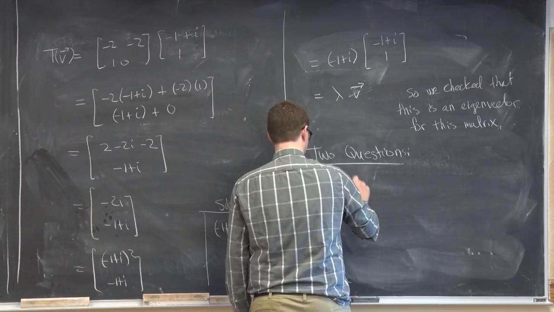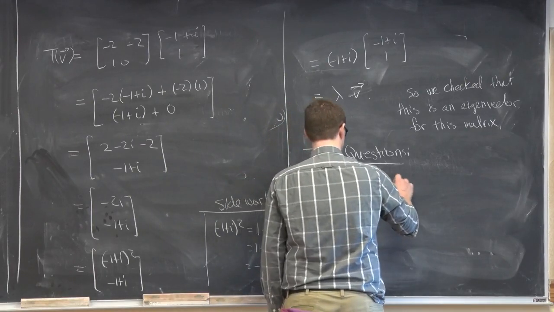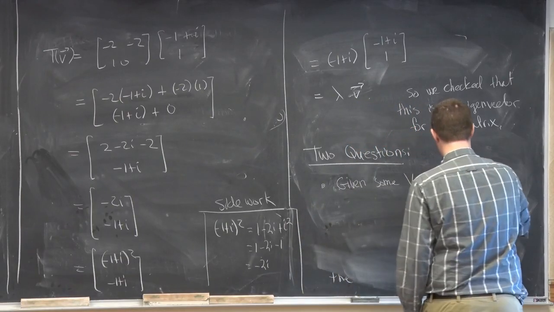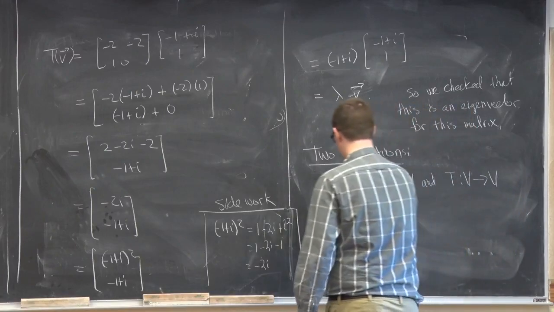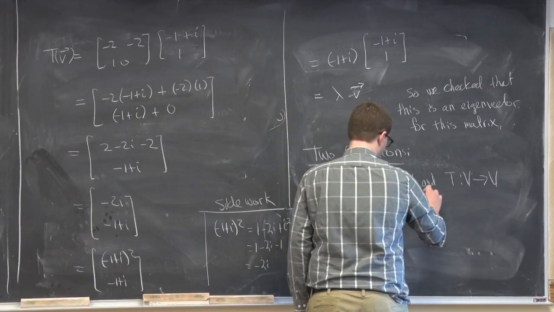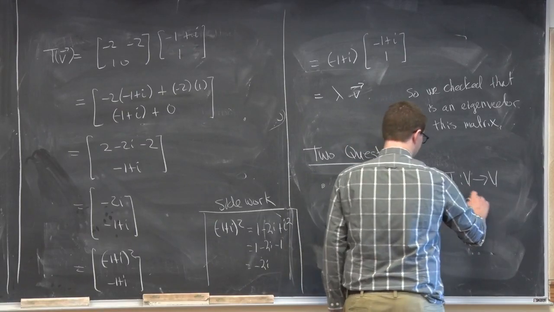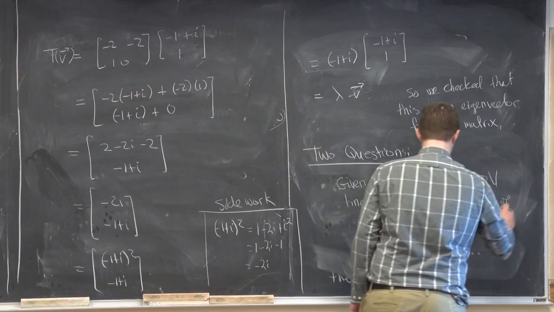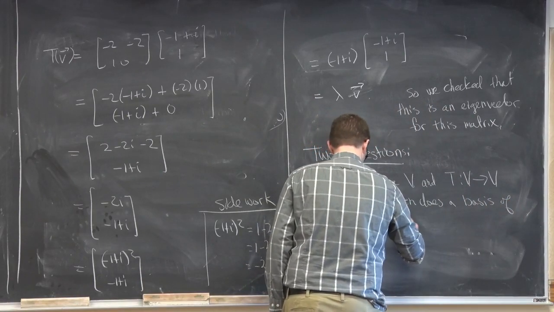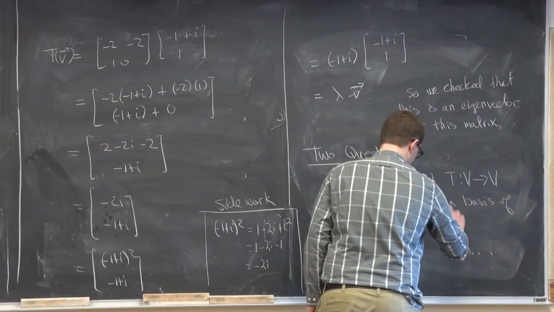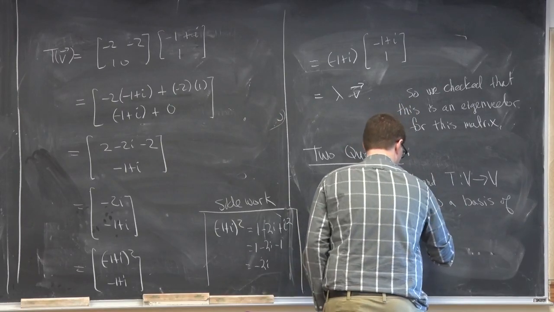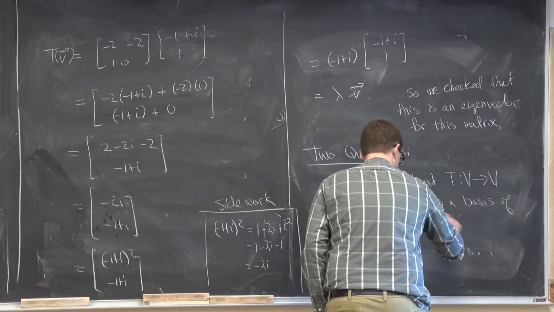So the two questions are: given some V and T from V to V linear, when does a basis of eigenvectors for T exist?